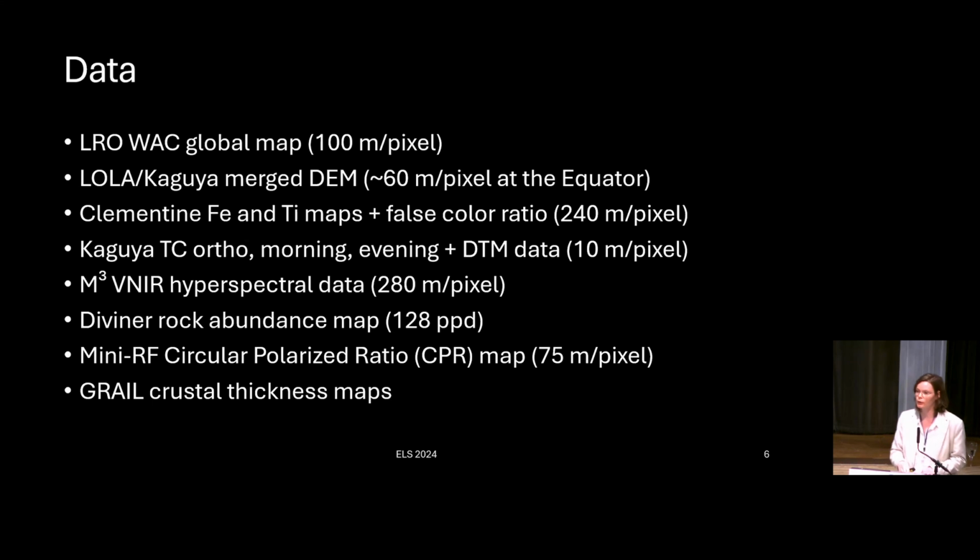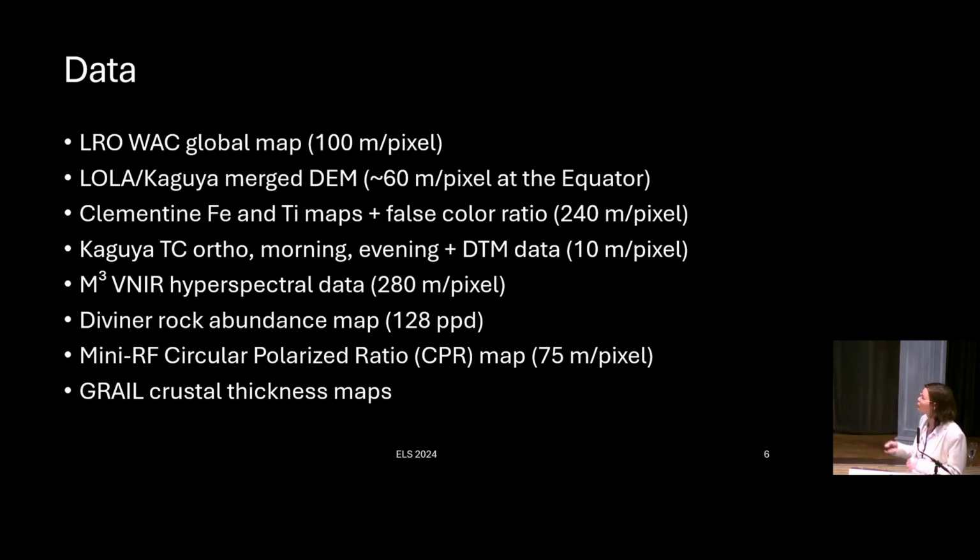For this mapping effort, we threw a lot of datasets at it, as you can see. This is a little bit of death by PowerPoint. We looked at a bunch of remote sensing global maps and data to come up with our own version of the geological map.